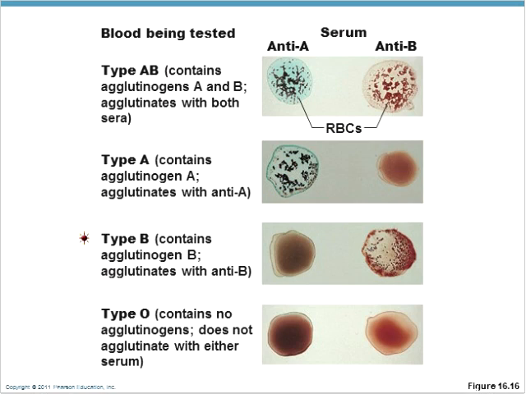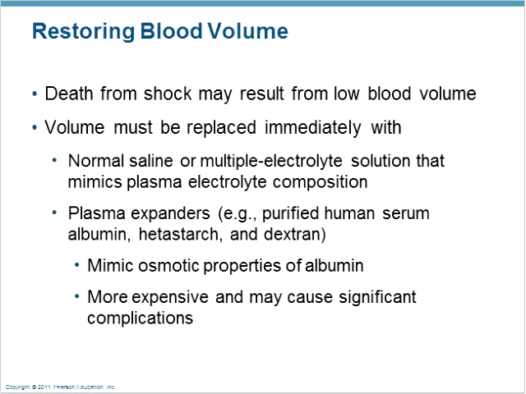When we put anti-B to it, it doesn't agglutinate. Type B blood contains the agglutinogen, or antigen, B. It agglutinates with anti-B, so it tells us it's B-type blood, but the anti-A does not cause agglutination. Type O blood cells do not have any agglutinogens or antigens on them that are A or B, and it does not agglutinate with either anti-A or anti-B antibodies.